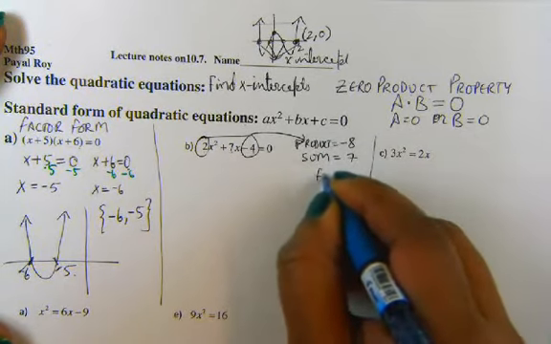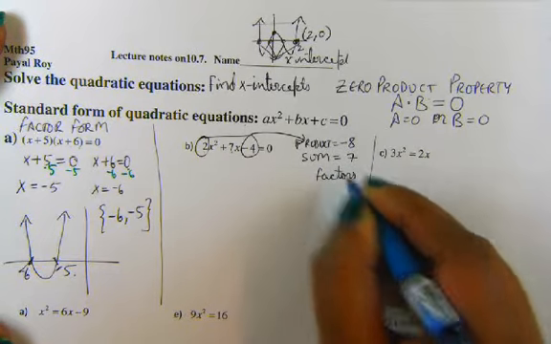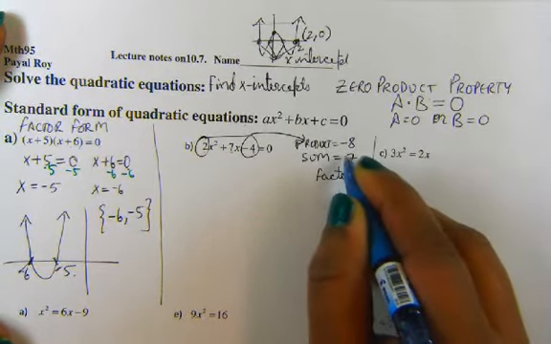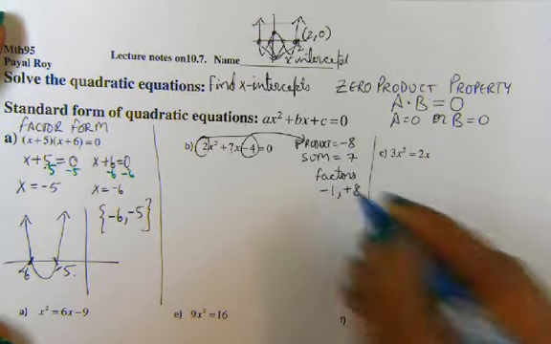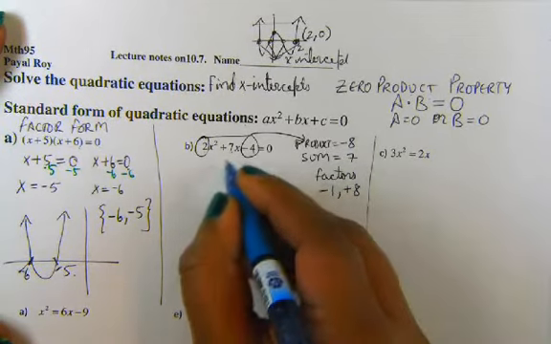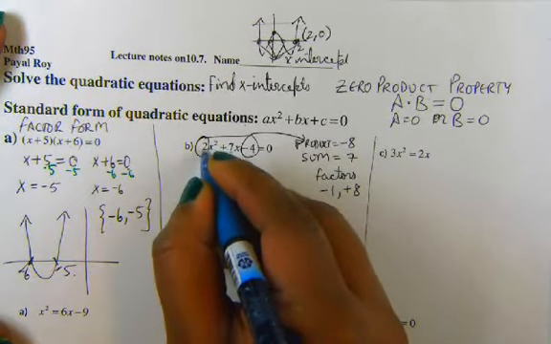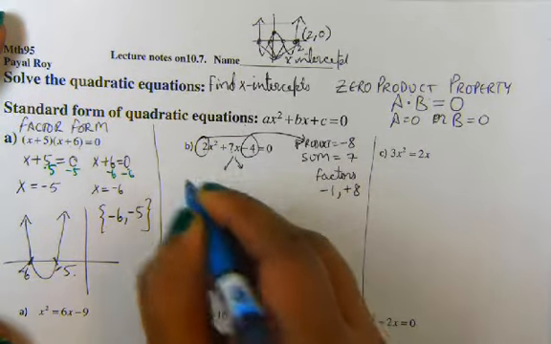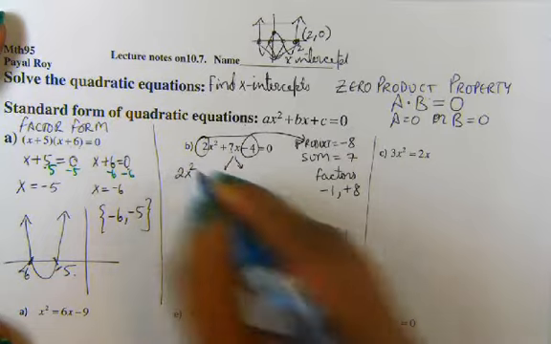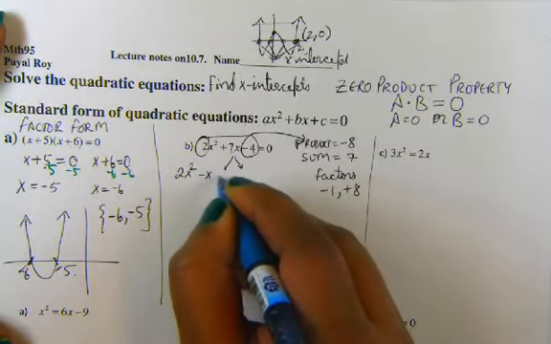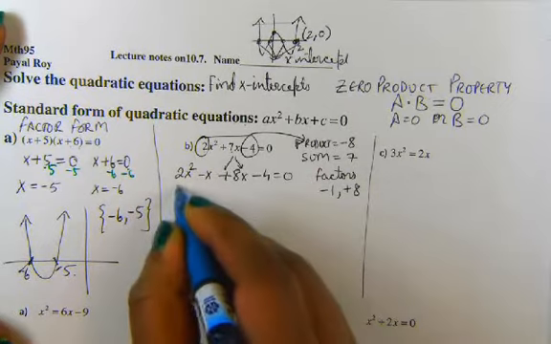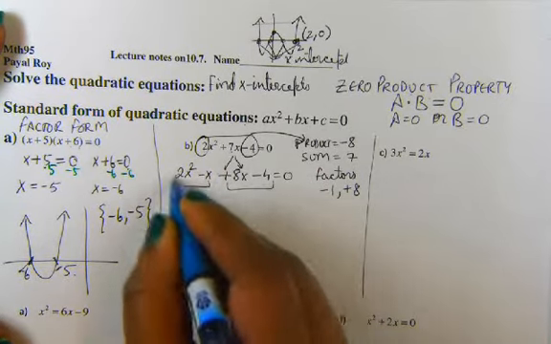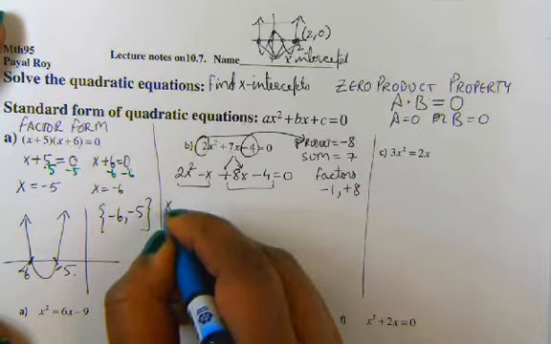Since our product is negative, we know one of the numbers is negative. Since the sum is positive, it's -1 and 8. So we split the middle term. Because we have a leading coefficient, we have to do factor by grouping. So we are getting 2x squared minus x plus 8x minus 4 equals 0. Now factor by grouping: the GCF of the first group is x.